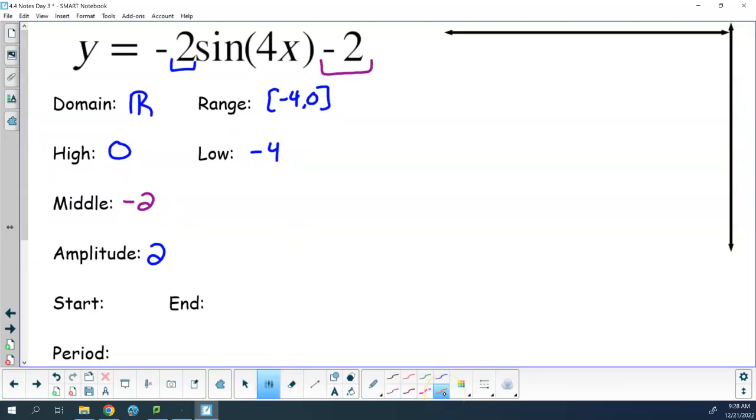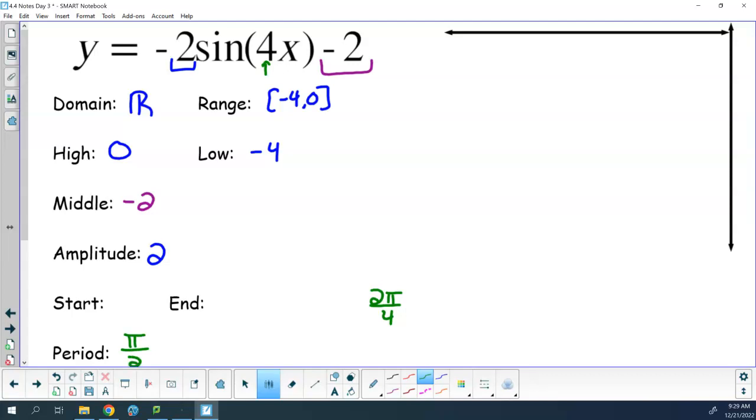This number right here tells me what? How does it tell me the period? 2 pi over that. So 2 pi over 4 would be my period. That would reduce down to pi over 2, correct?